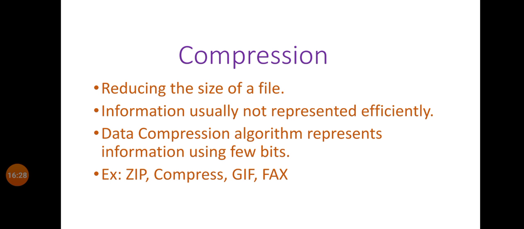A data compression utility, such as zip and other variations, exploits redundancies, meaning extra unwanted information, to transform the original file into one that requires fewer bits and less disk storage space. So using data compression, we can reduce the size of a file, which helps us use less disk storage space.